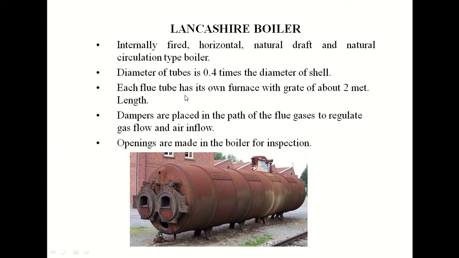Each flue tube has its own furnace with a grate of about 2 meter length. Dampers are placed in the path of the flue gases to regulate the gas flow and air flow. So this is the working of the damper. Openings are made in the boiler for inspection. Some openings are required during inspection.